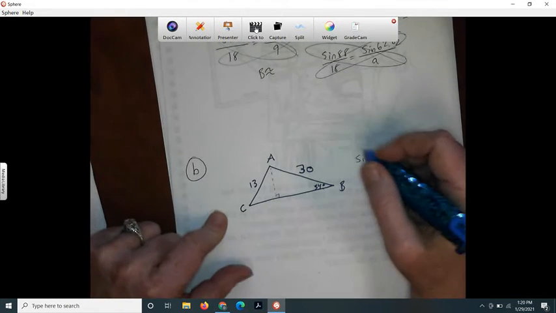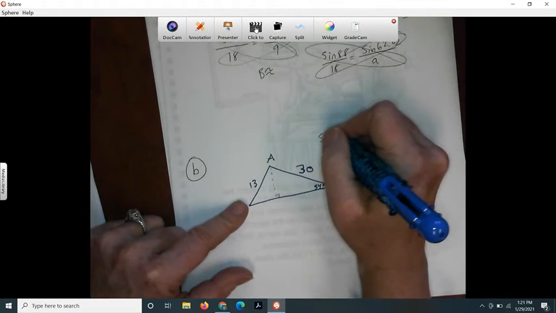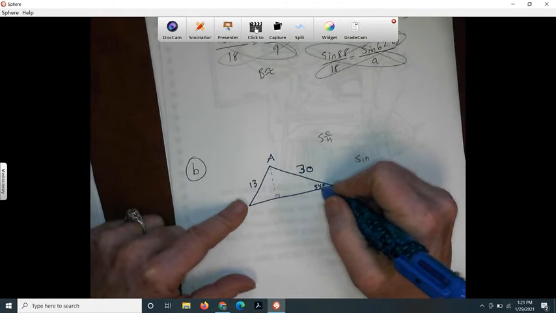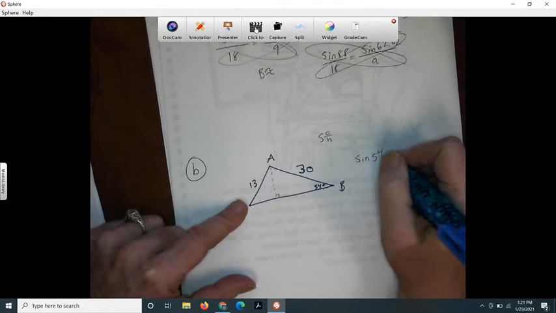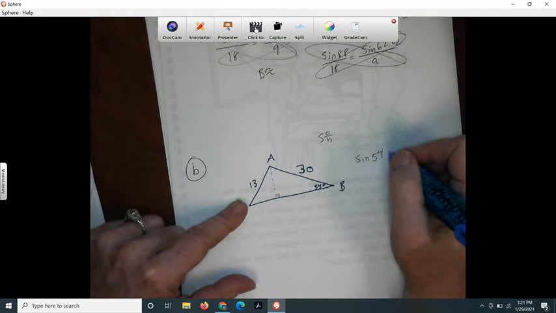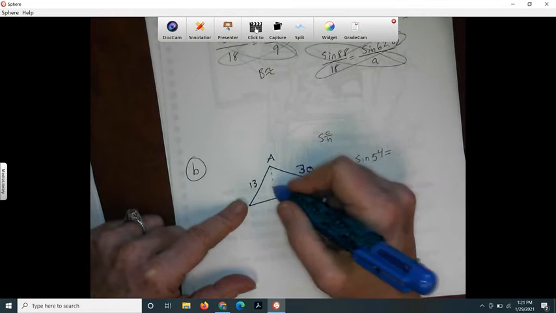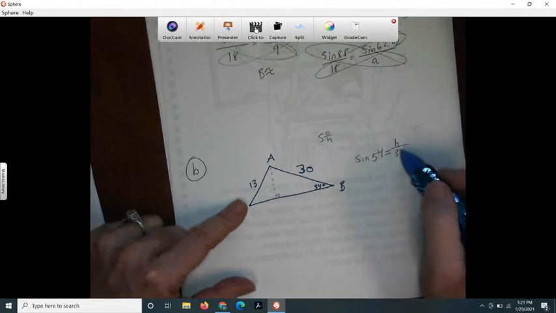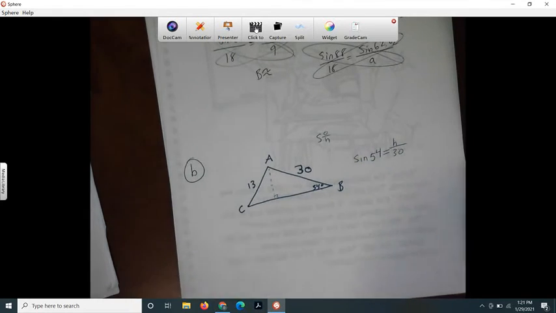So remember it's SOHCAHTOA. Sine of 54 equals opposite, so we'll call that h, over hypotenuse, which is 30. So 30 times sine of 54 equals h.